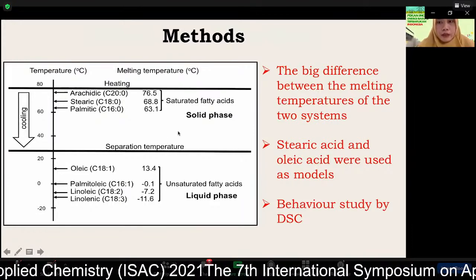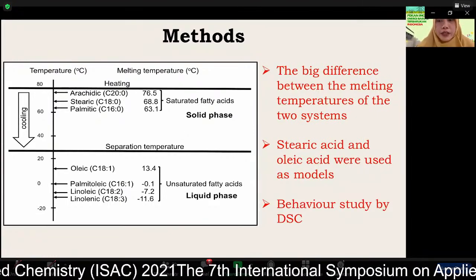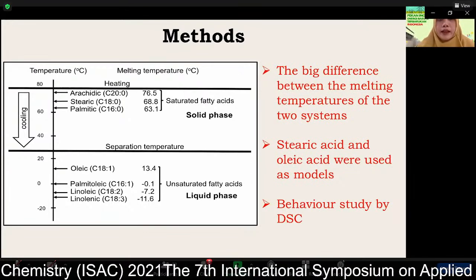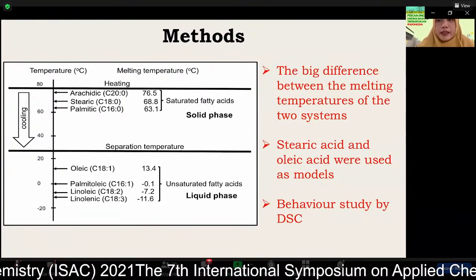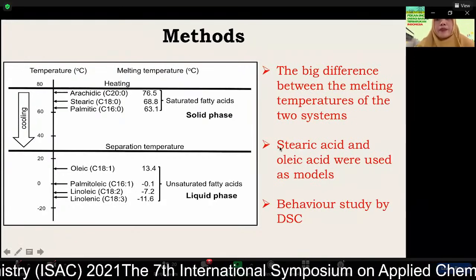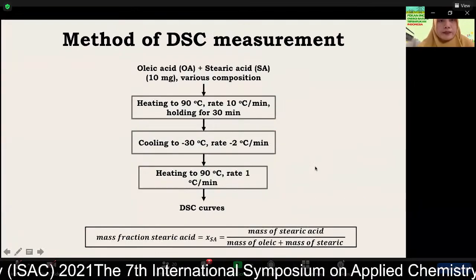Therefore, this big difference is the basis of the separation. To simplify the experiment, stearic acid and oleic acid were used as models to understand the behavior by DSC.